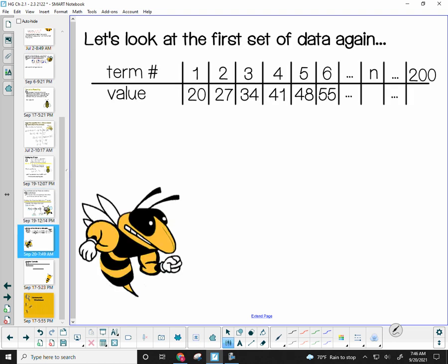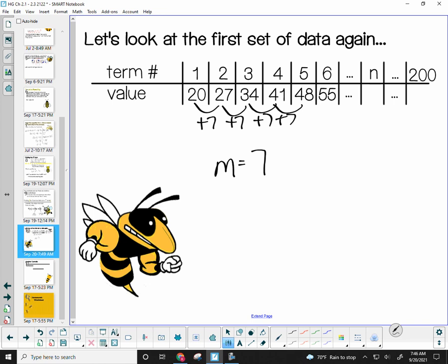So these are the numbers again, the exact same numbers. You told me that it increased by 7 every single time, right? That's change. That's how it's changing, that slope. So my slope is going to be equal to 7. Now I need the 0 term. I need the b value.